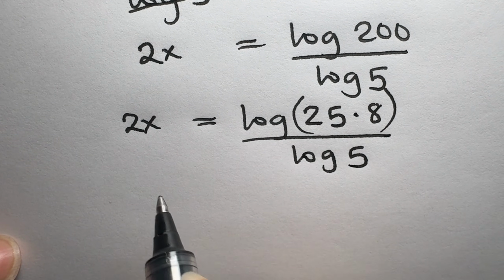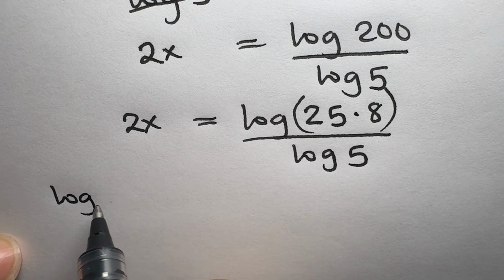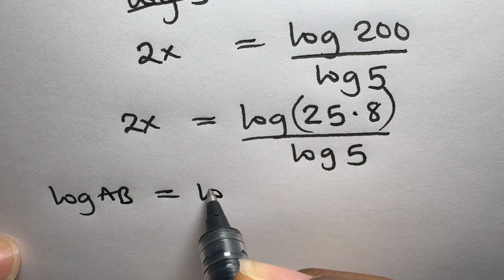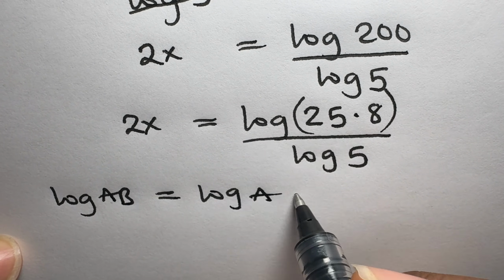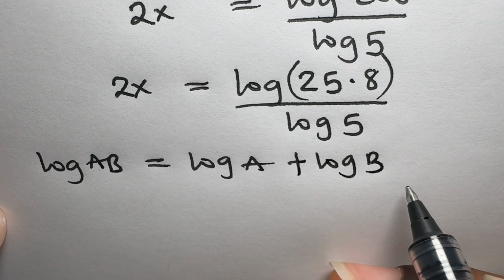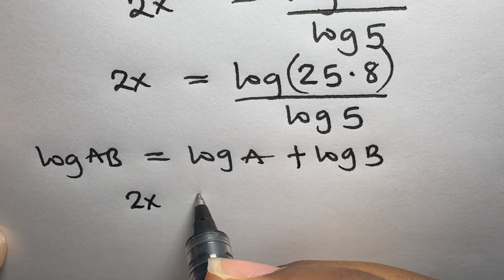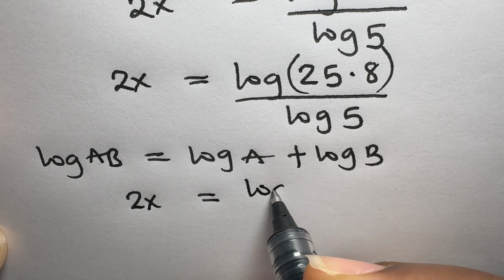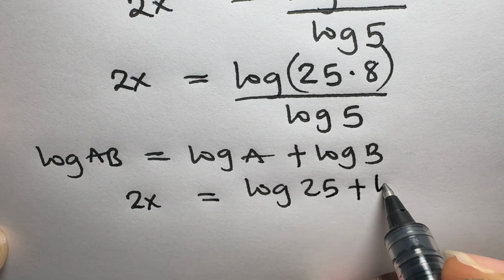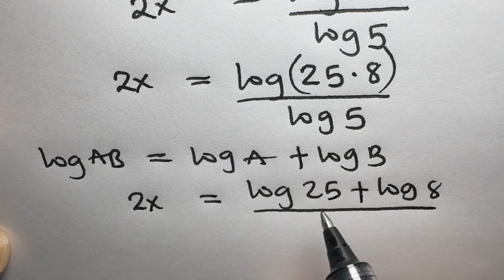Then I'm going to apply another law of logarithm. Given log of a times b, by logarithm, this will give us log a plus log b. Therefore, 2x now becomes log 25 plus log 8, then divided by log 5.